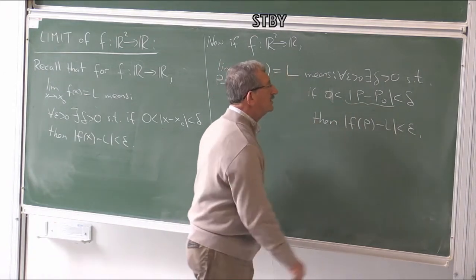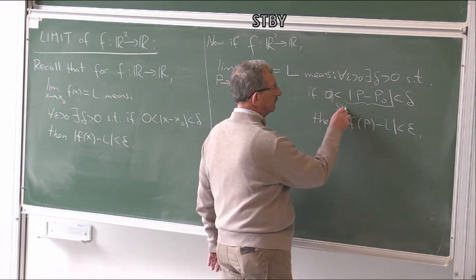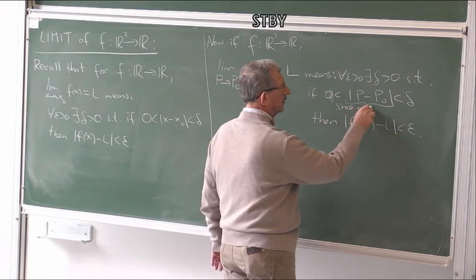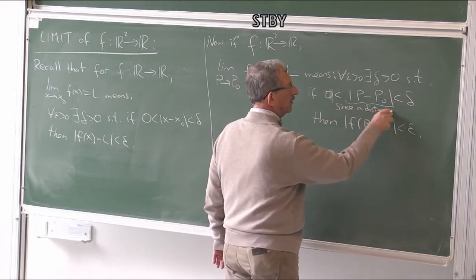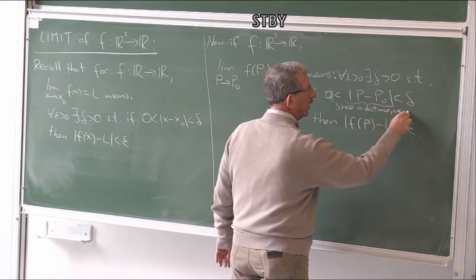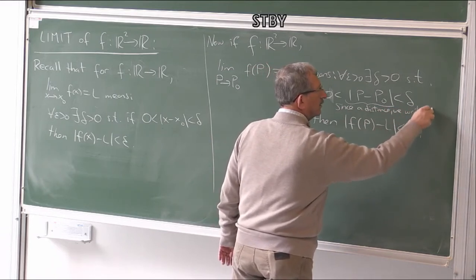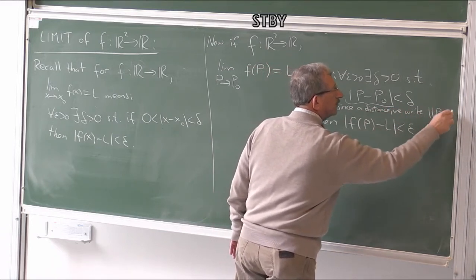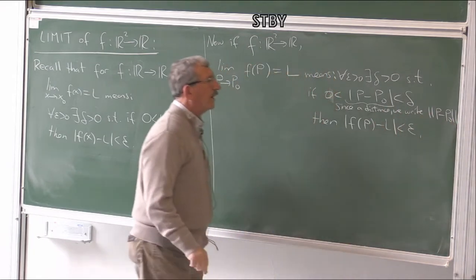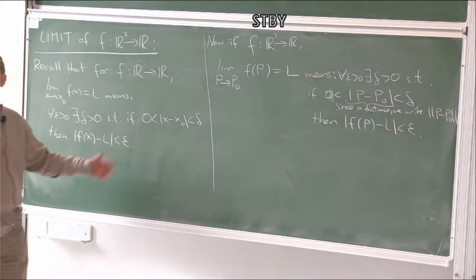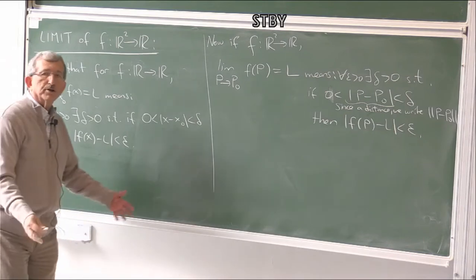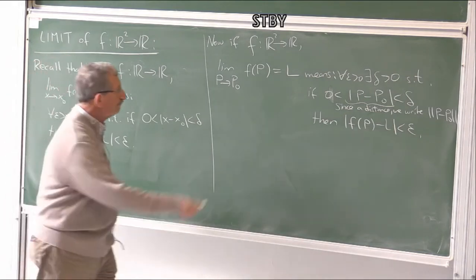Since a distance, we write the length of p minus p0. Otherwise, it's the same definition. So, not much changed in here.